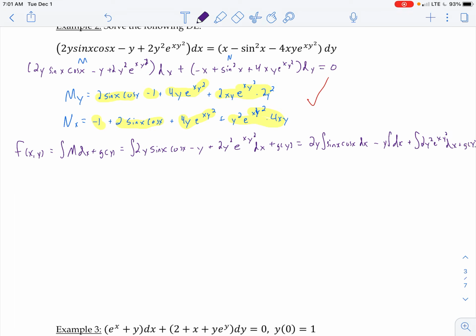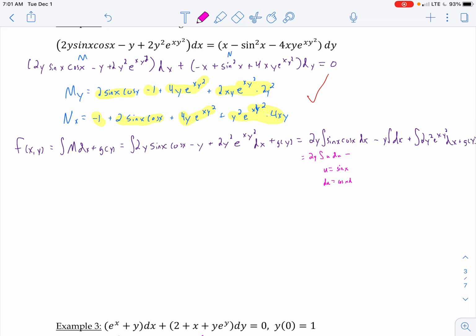All right, now for this first part, I'm going to say u is equal to sine of x and du is equal to cosine x dx. So this first part can be written 2y, the integral of u du, minus, the next one's easy, it's just going to be yx, plus, and then I'm also going to do some more u substitution.